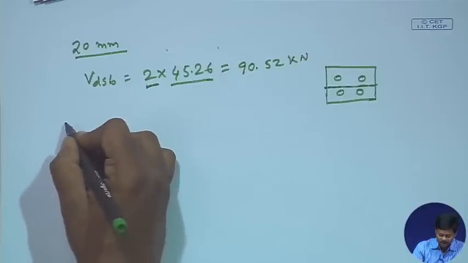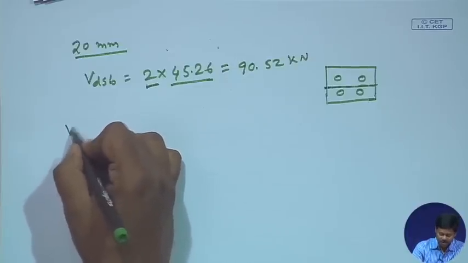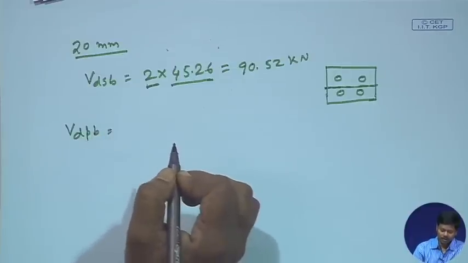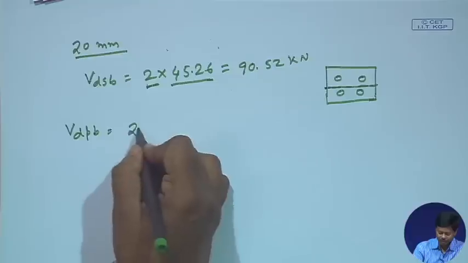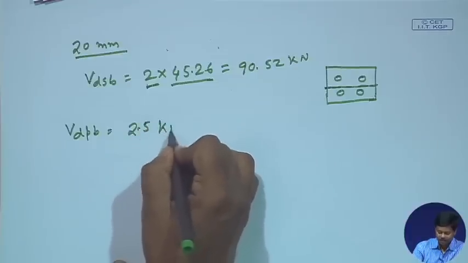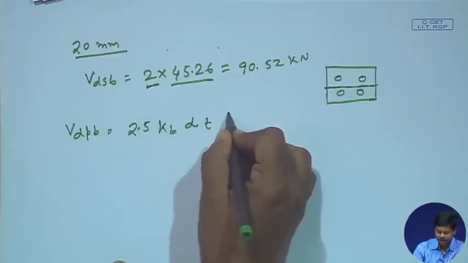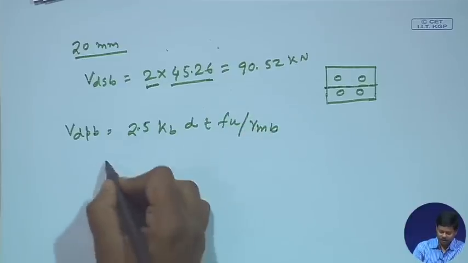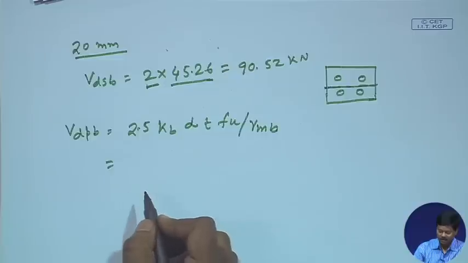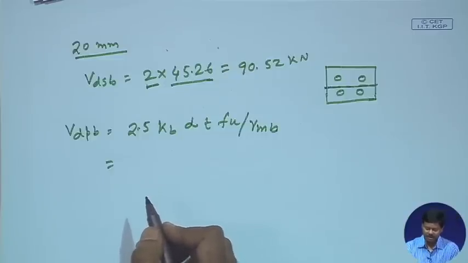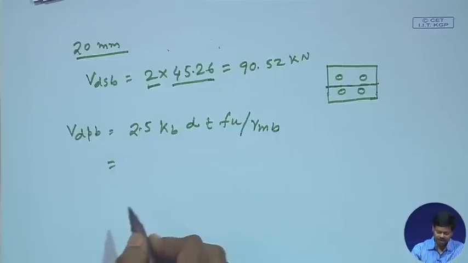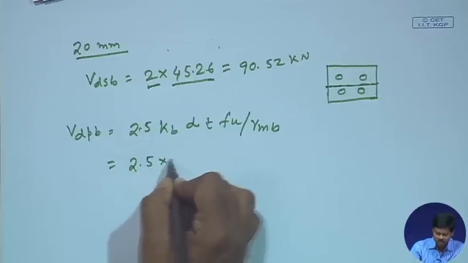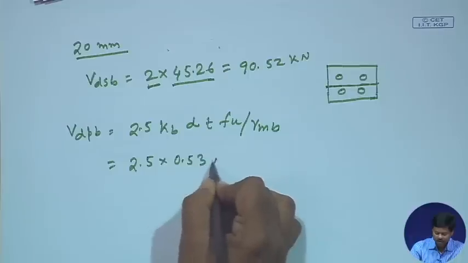Similarly, the strength of bolt due to bearing, VDPB, can be found as 2.5 kb d t Fu by gamma mb, right. Now kb we have calculated earlier, because we are providing the same pitch and edge distance, so we can take kb as 0.53 as calculated earlier.